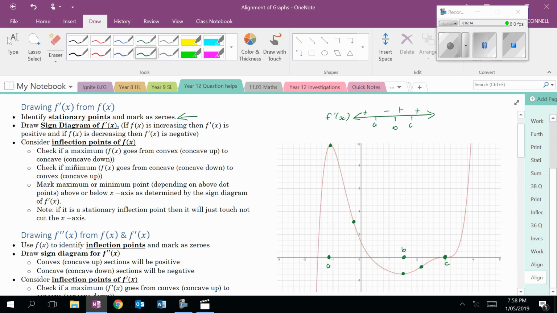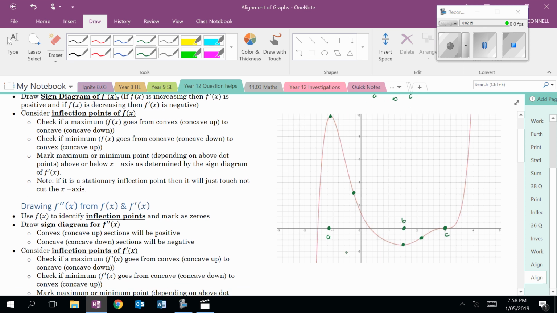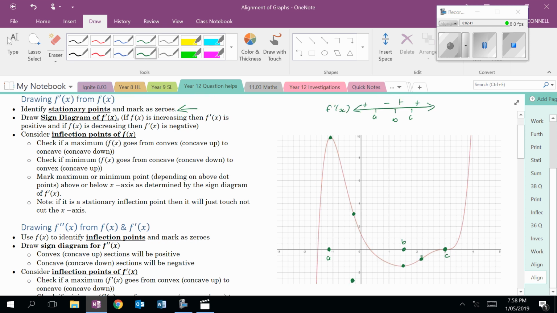So if f of x goes from being convex to concave, then it's going to be a maximum, and if it goes from being concave to convex, well, it'll be a minimum. So in this region here, we're going from concave to convex, so it's going to be a minimum, and in this region, it's also negative. So my derivative is negative, so it's going to be somewhere down here. Now here, my other one is here.